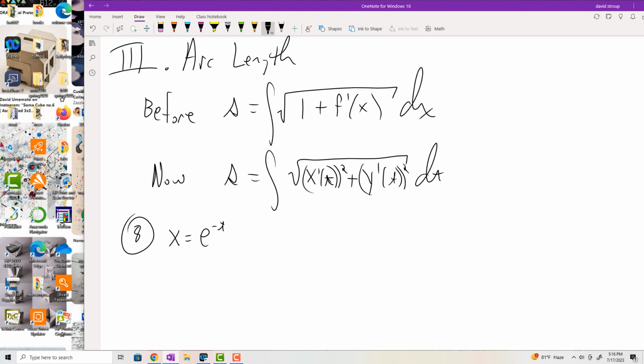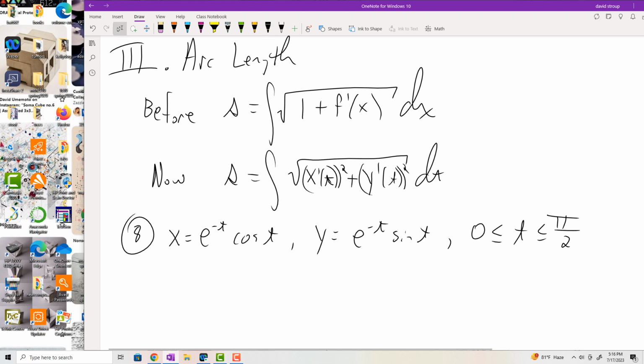So x equals e to the negative t cosine of t, y equals e to the negative t sine of t, and what's going to become a problem in later sections is this parameter. The problem is that when we draw these highly symmetric objects like circles, or even rose petals and stuff like that, they will have this property where they retrace themselves.